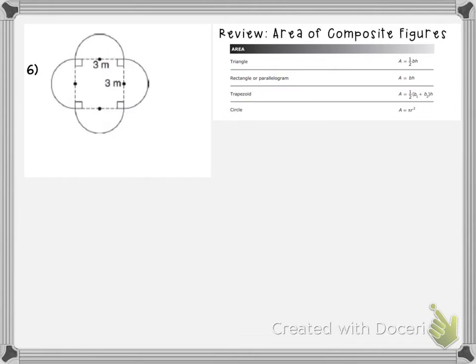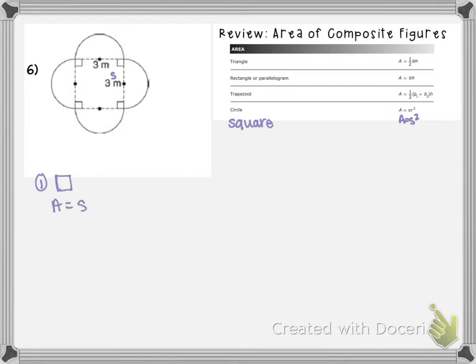Okay, so I'm pretty sure you have a problem almost exactly like this one on your test. If we notice, it is a square in the middle. Yay, square. So I'm going to add my square formula over here. Area equals s squared. So our side length in our square is 3. So let's just go ahead and write that down. We have a square.